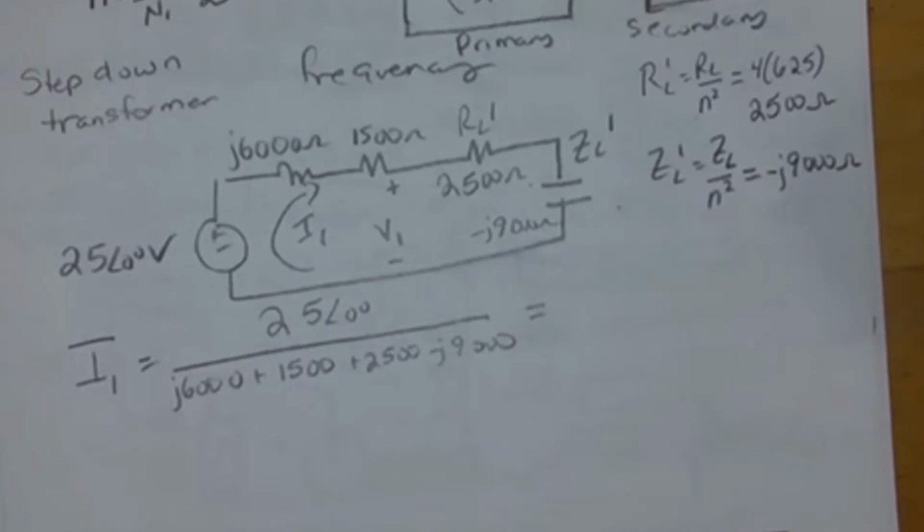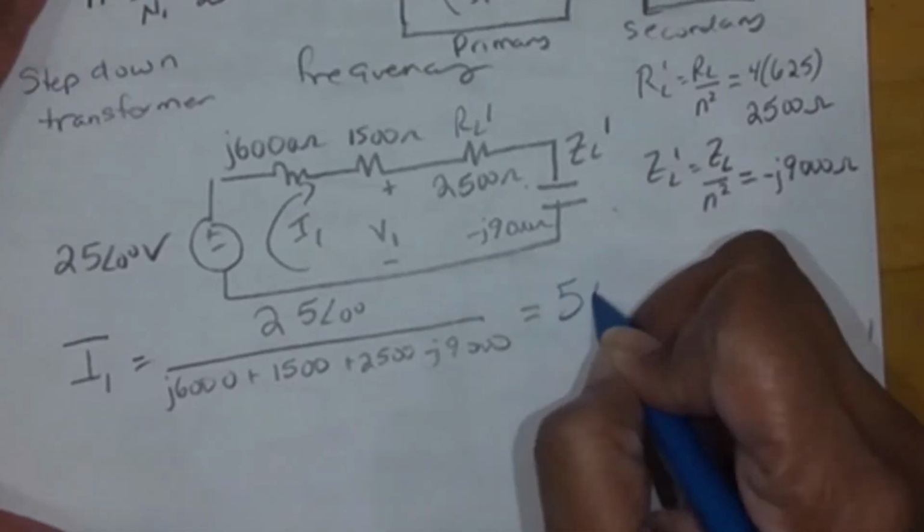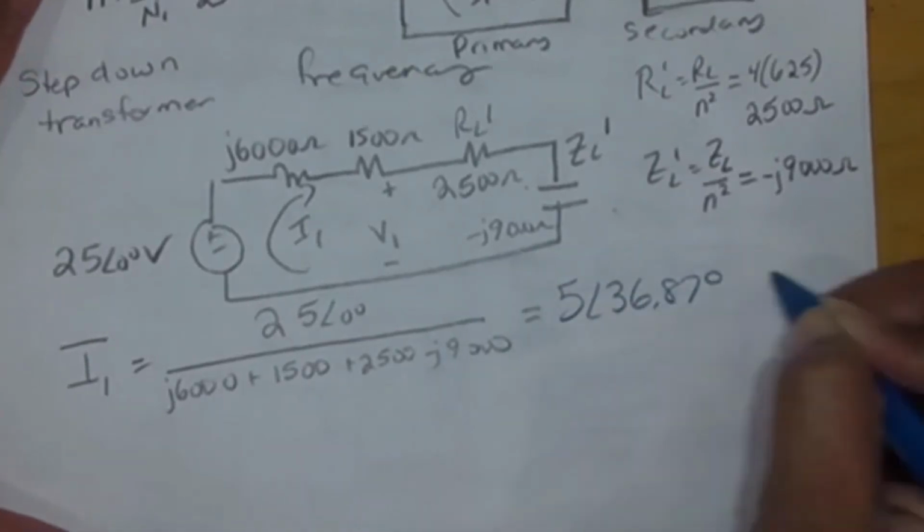What is I1? Miguel? Okay, 5 with an angle of 36.87 degrees.